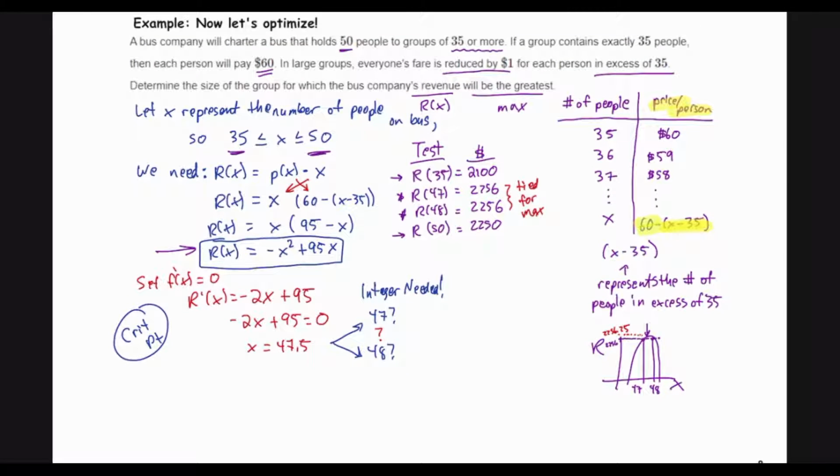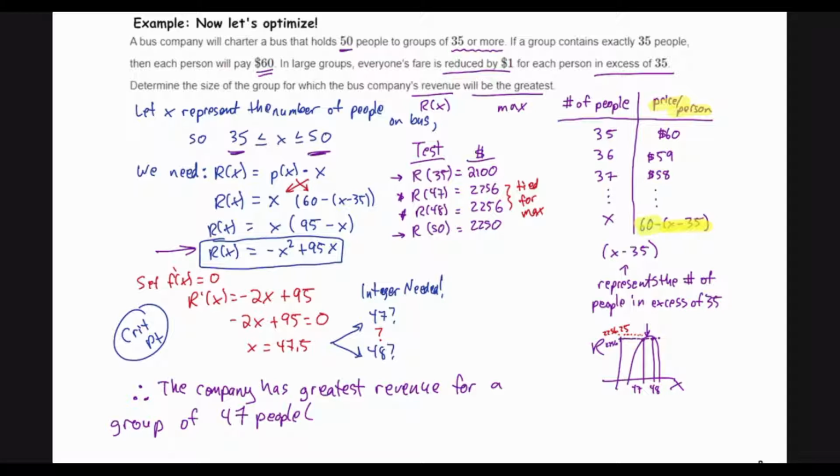All right, we are done our calculation. Let's just state our final answer. Therefore, the company maximizes greatest revenue for a group of 47 people, in which case the ticket price is $48 per ticket, or 48 people at $47 per ticket.